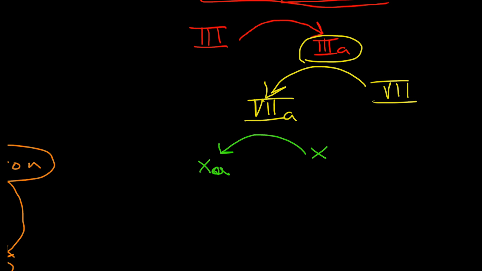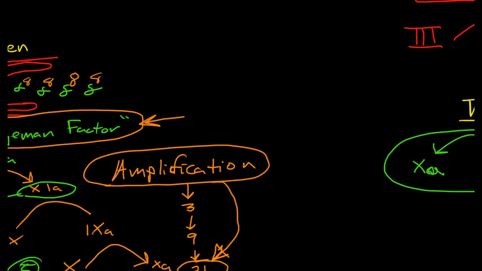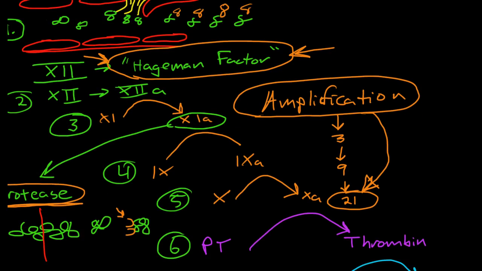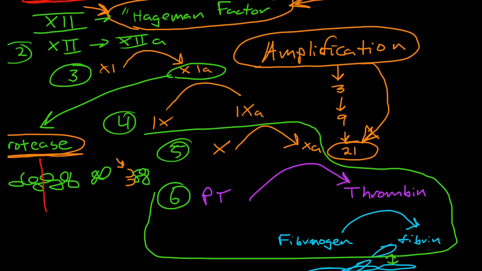Now you'll recognize this step because 10 going to 10A also happens in the intrinsic pathway as well. So the rest of this pathway, 10 to 10A, prothrombin to thrombin, and fibrinogen to fibrin, is called the common pathway.